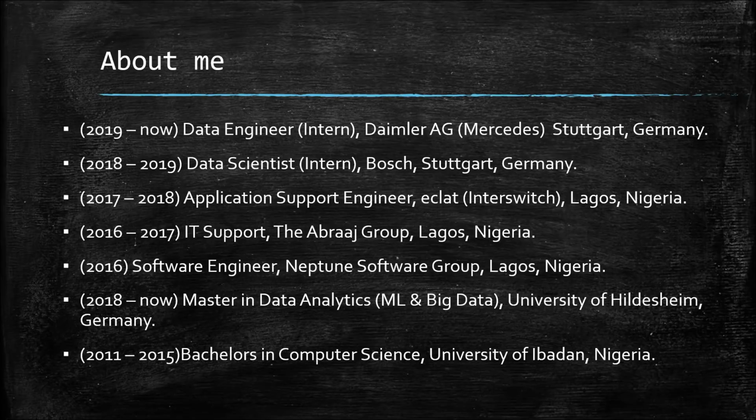They taught me reinforcement learning, deep learning, natural language processing, and all that, and a bit of data analysis too. I'm doing my master's in data analytics at the University of Hildesheim in Germany, and I should be done this year. Before that, I worked as a software engineer in Neptune Software Group in Lagos.